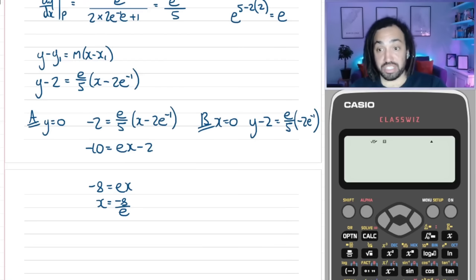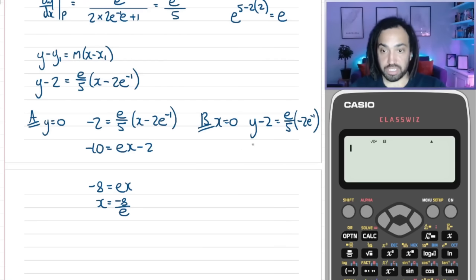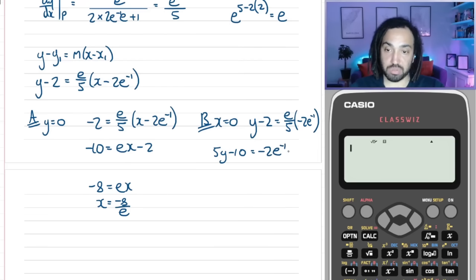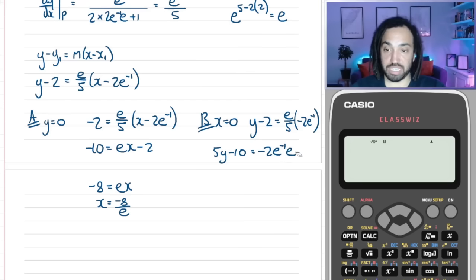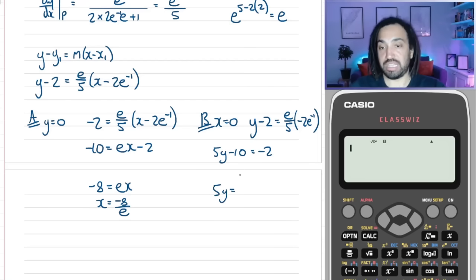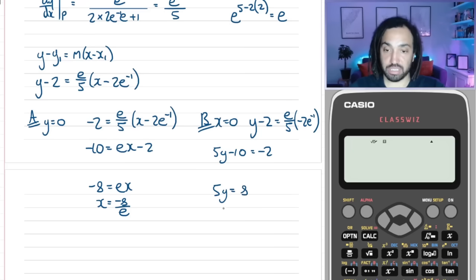Okay, let's do exactly the same thing. Let's times the 5 to this side to get 5y minus 10. And then let's times the e inside the bracket to get minus 2e to the minus 1 times e. And as we said before, e to the minus 1 times e is just 1, so we can get rid. So this gives us 5y is equal to, add the 10 over, it gives us 8. So y is equal to 8 over 5.